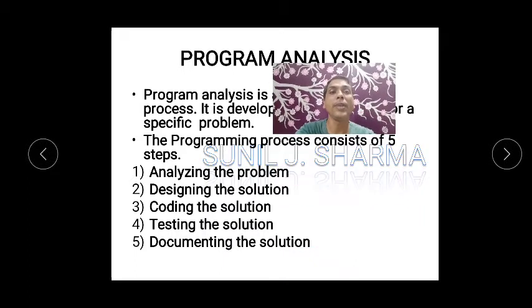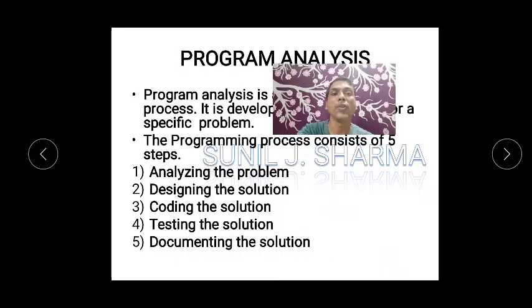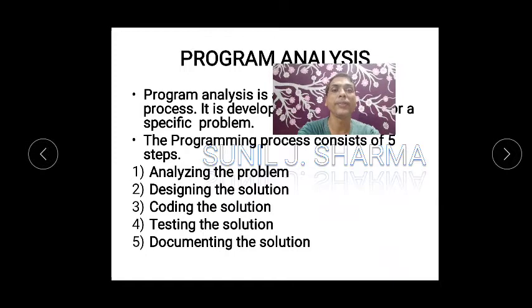So the programming process consists of 5 steps. Program analysis, you can say, consists of 5 steps: analyzing the problem, designing the solution, coding the solution, testing the solution, documenting the solution. Okay, so we have these 5 steps, and we will try to understand them one by one.